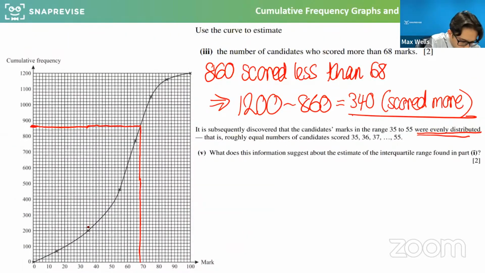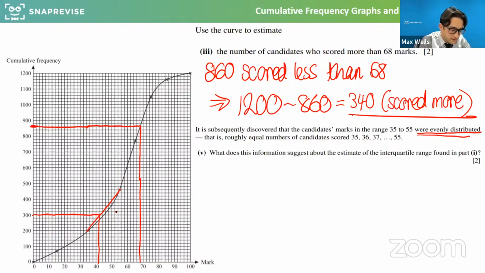And so that bit should actually be a straight line, because if it was evenly distributed, it's increasing at the same rate. So what this would mean is the first quartile, if we look at 300 and we read across, we would hit this line first at 41. Okay, now earlier when we used that, we hit the line a bit later on at 45. So we need to think about what effect this will have on the interquartile range.